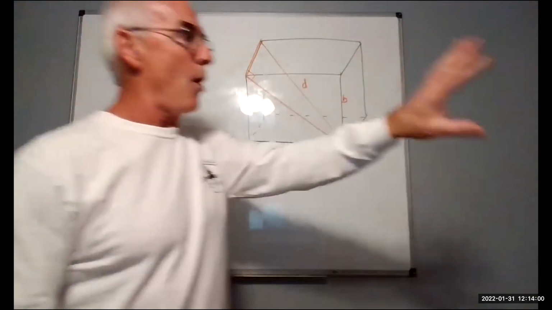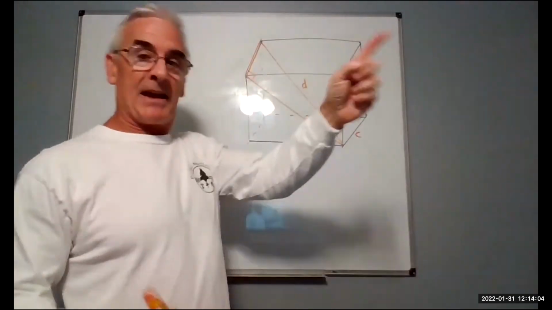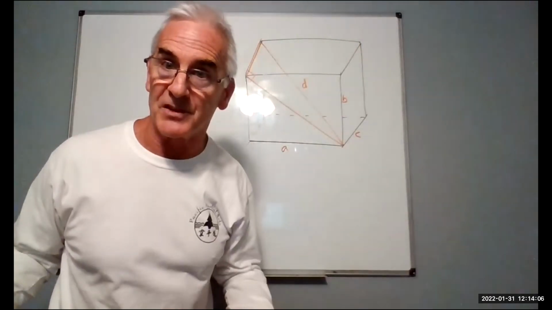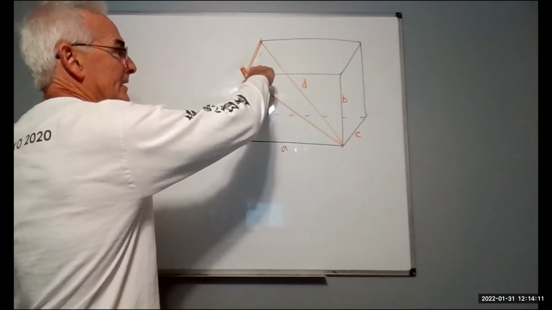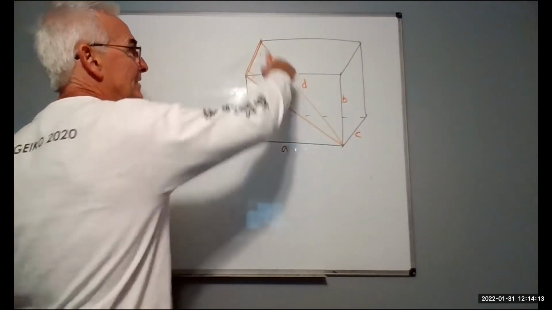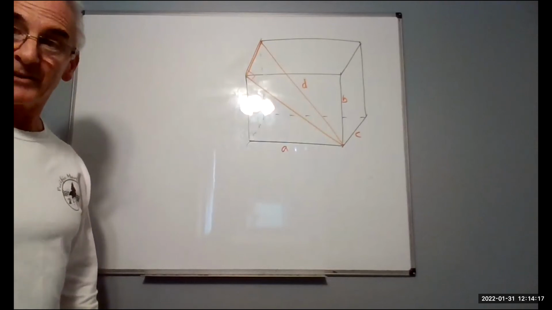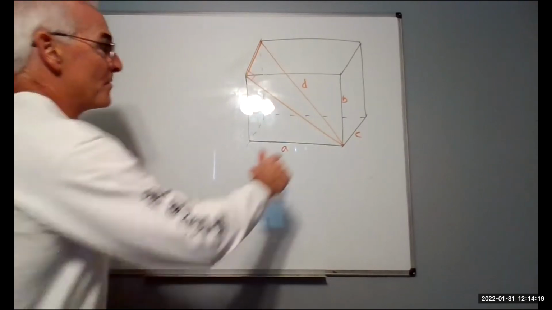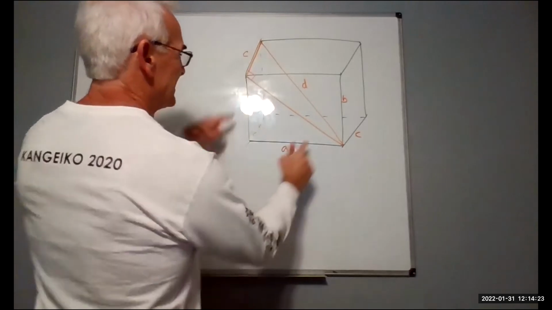So if I look at my walls or I look at my ceiling in a wall and I say what angle is made if I draw, I'm always going to have right angles there. I don't have right angles going down the diagonal, but I definitely have a right angle right here. So that means that this is the hypotenuse of some right triangle. So this length here I know is C. What is this length here?